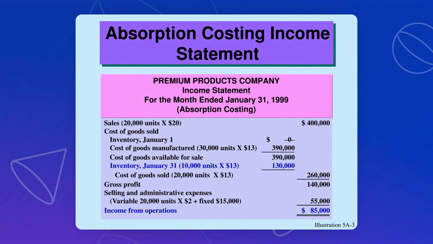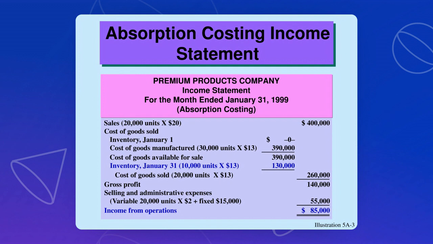Next is, since you have an ending inventory of 10, cost of goods manufactured is 30, and the inventory naman is 10. So, 390 minus 130. How much would be your cost of goods sold? 260. Alright. And because of that class, you have also here your gross profit. So, 400,000 minus 260,000, your gross profit here is 140,000.